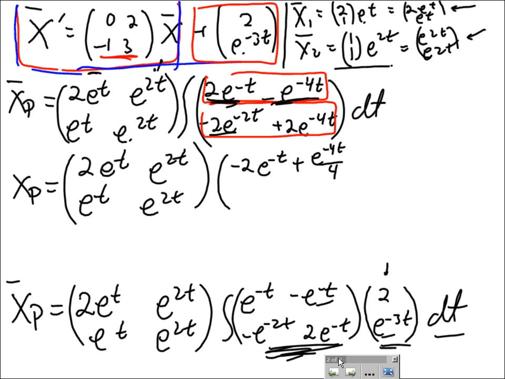Now I take the integral of the bottom, which is just e to the negative 2t minus a half. 2 over negative 4 is negative a half. e to the negative 4t. So I have that for x_p.